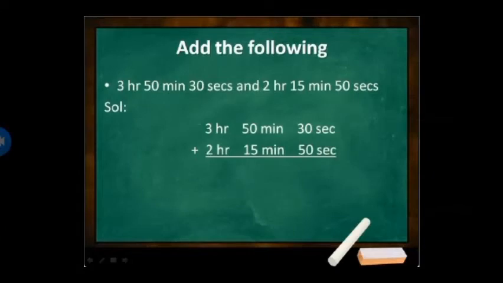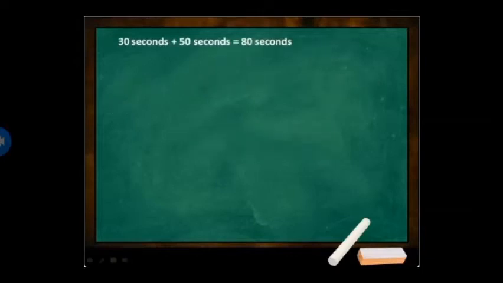Now add 3 hours 50 minutes 30 seconds and 2 hours 15 minutes 50 seconds. We have put them in columns: 3 hours, 2 hours, plus 50 minutes, 15 minutes, plus 30 seconds, 50 seconds. First we will add the seconds. 30 seconds plus 50 seconds is equal to 80 seconds.